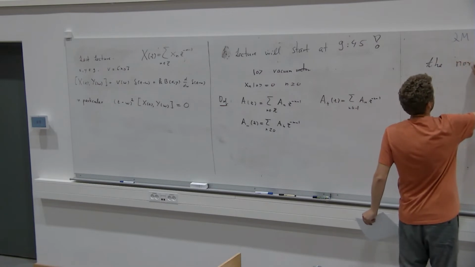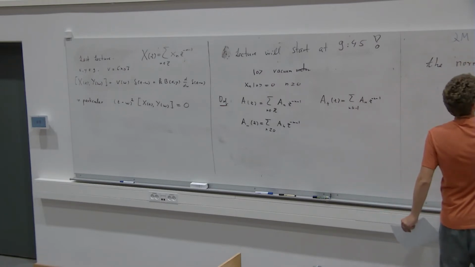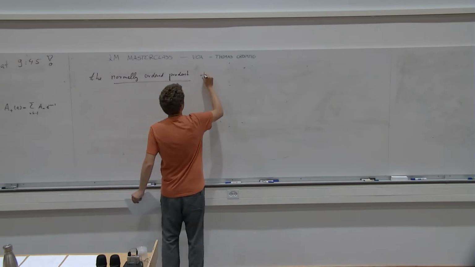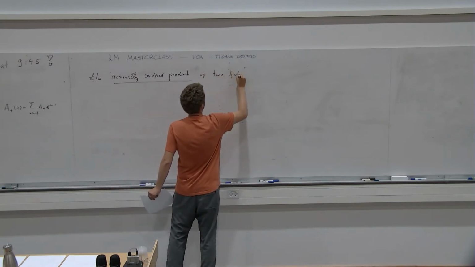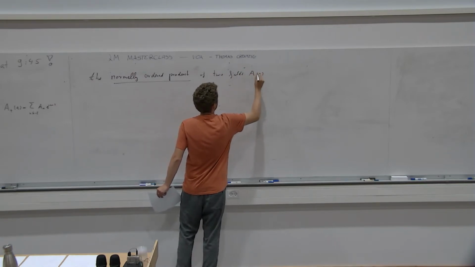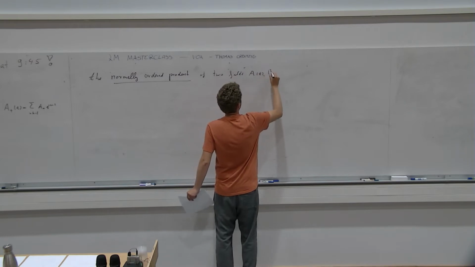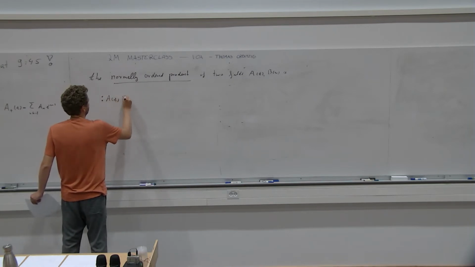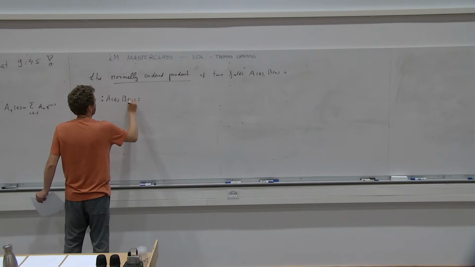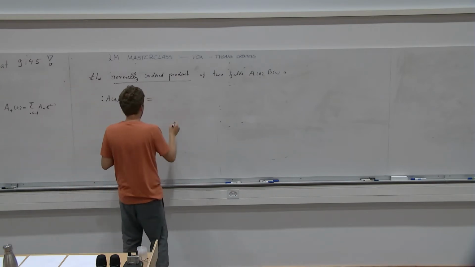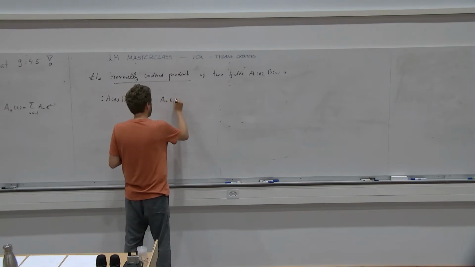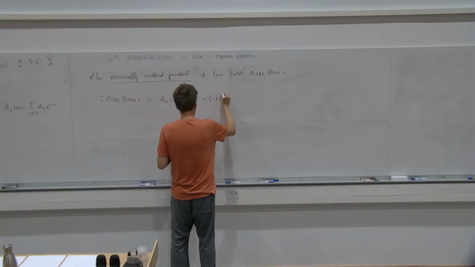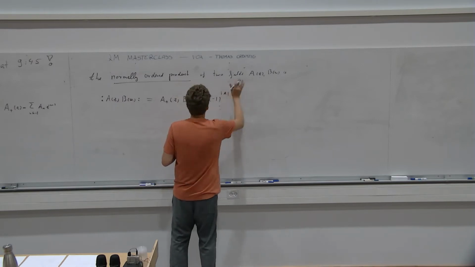The normally ordered product is denoted by the symbol, and it is the positive part of A times B, and then the negative part of A. Here I always define it for homogeneous fields.